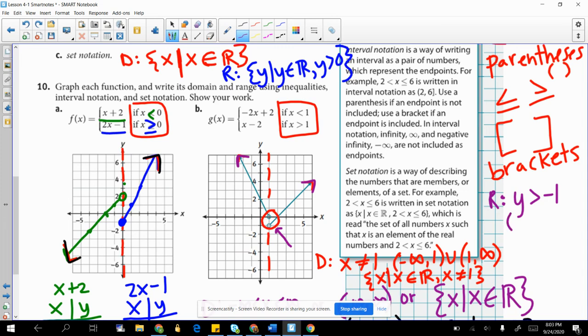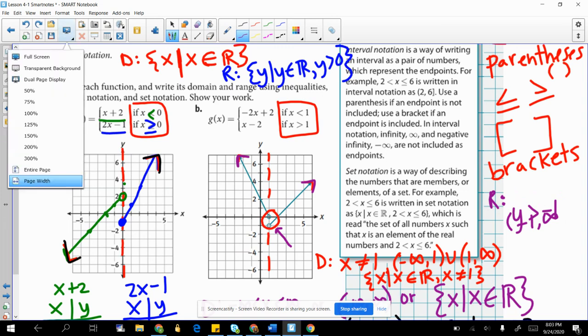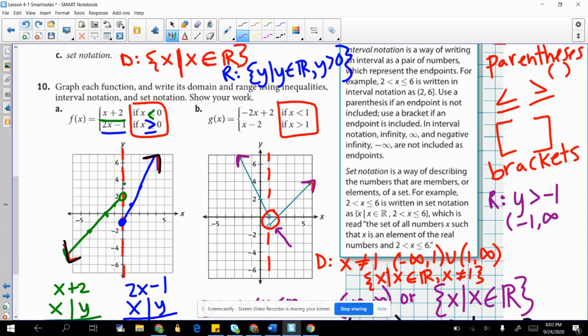Then your interval form would have to be -1 to infinity with both parentheses. And then your set notation would be y such that y is an element of all real numbers. Sorry, I'm cramming this in here, comma, y is greater than -1. And that would be it.